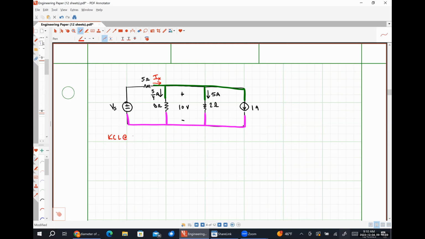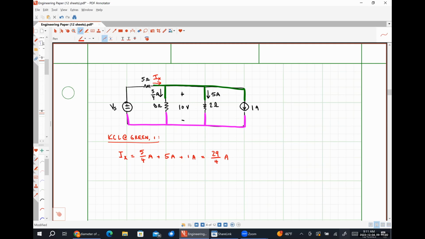So KCL at our green node, using formulation 1, says that our current Ix is equal to 5/4 plus 5 plus 1. So let's see, 5 plus 20 plus 4 is 29 over 4. Anybody have a problem with that?